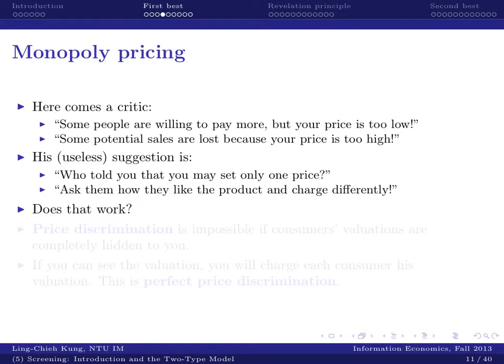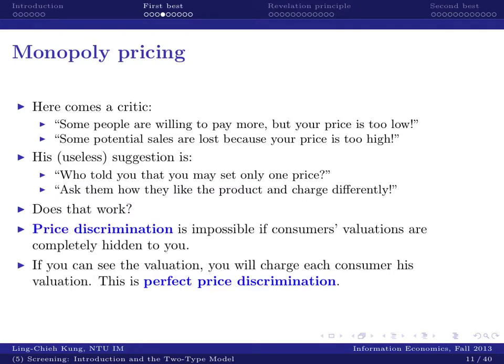So certainly your answer would be no, because who's going to tell you his valuation, right? Here we say price discrimination is impossible if the consumers' valuations are completely hidden to you. Price discrimination is a specific term used in economics and marketing, but it just means charging different consumers different prices, typically according to their valuation.